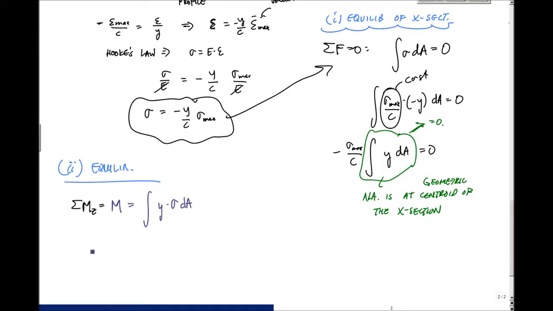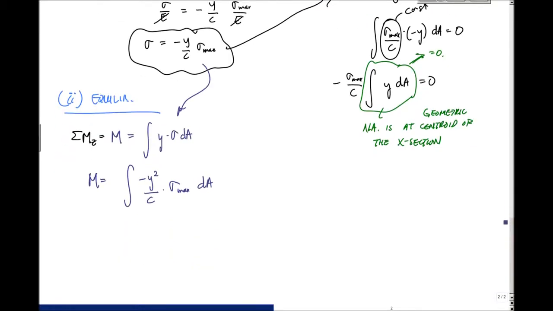And that means that m is equal to, and again, I substitute this whole business right here into here, minus y squared over c times sigma max dA, and you've all seen this before.